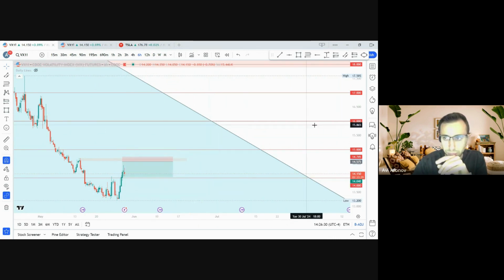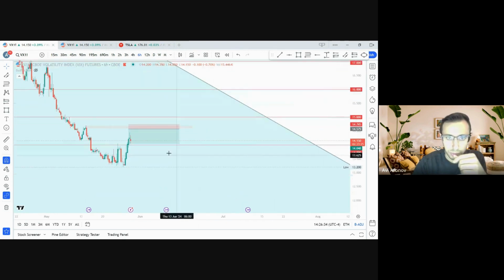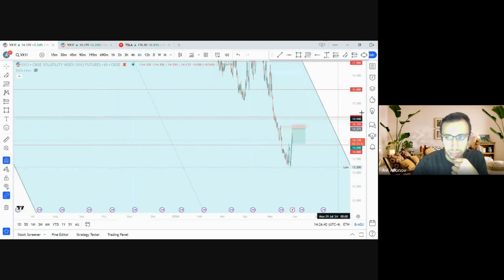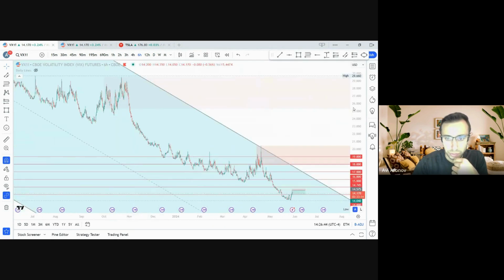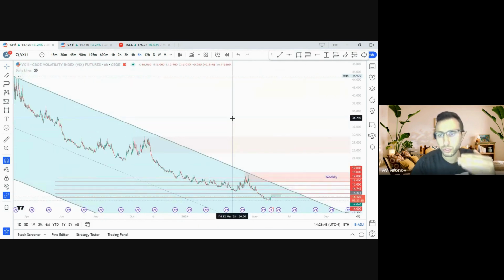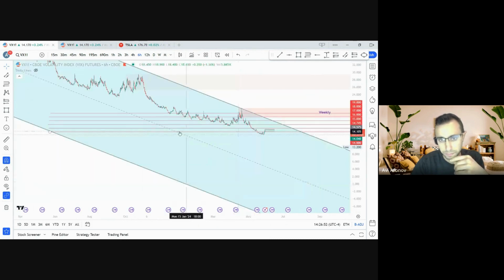Also, what would be the confirmations that we use? Number one, this support and supply and demand. Number two, it's on the higher end of this 50% Fibonacci of the channel. So it's very important to understand that.